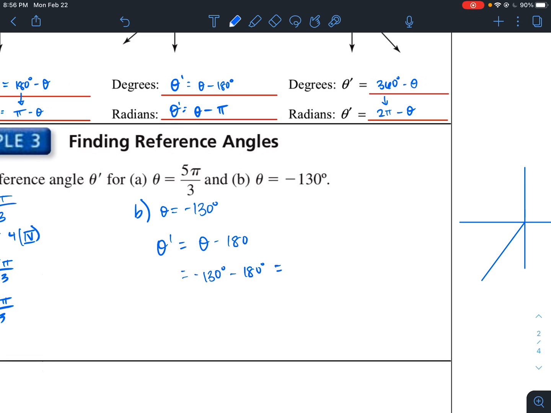Let me punch that into my calculator really quickly. If I take 130 subtract 180, I get negative 310.